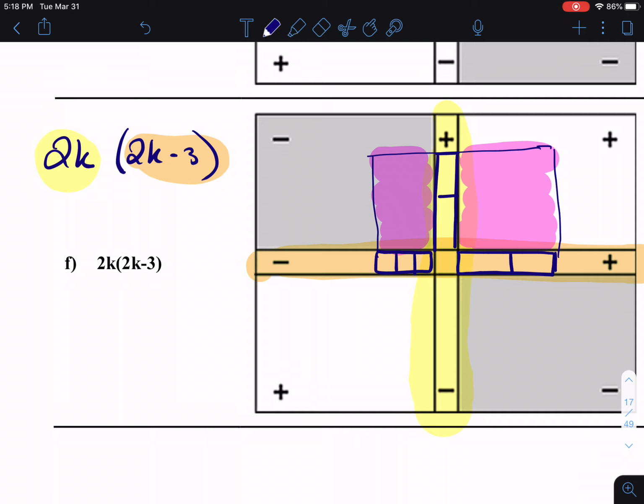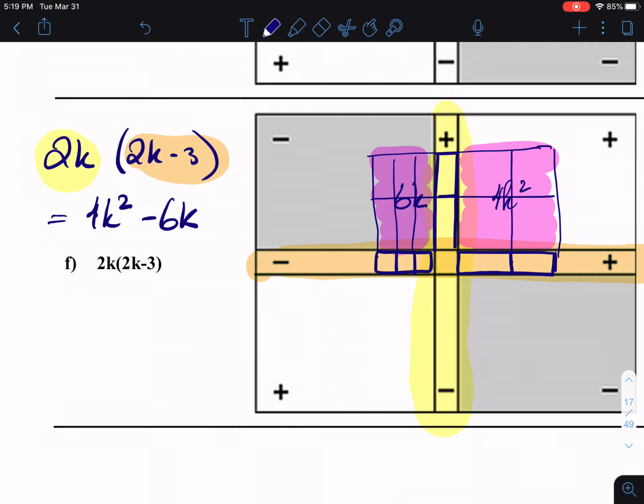So if we're going to make everything line up to see what the area is going to be, we're going to have 4k squared here, and we're going to have 6k there. So the 4k squared is positive, and the 6k is negative, minus 6k.